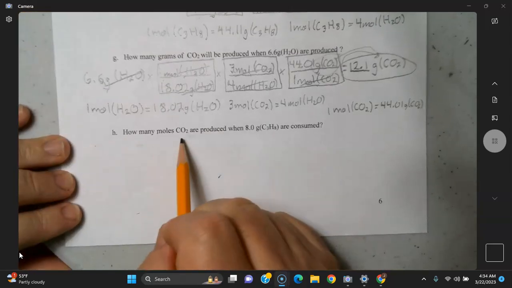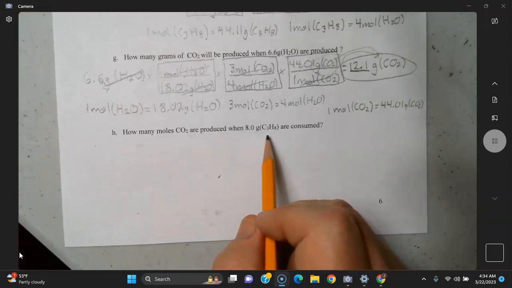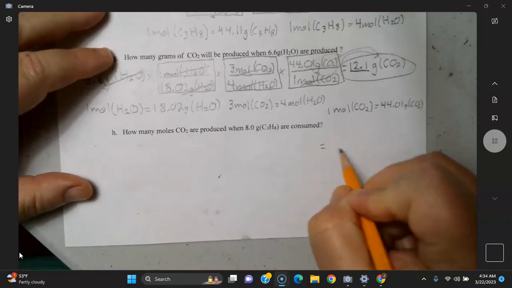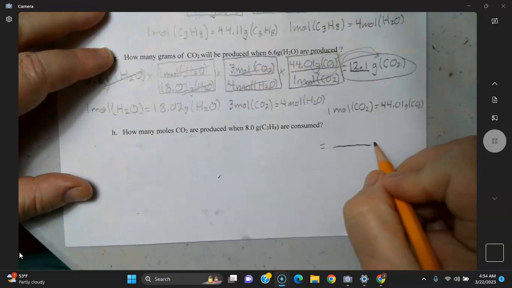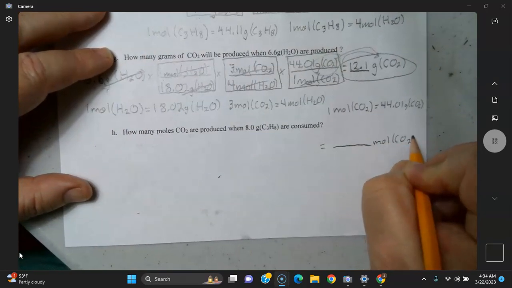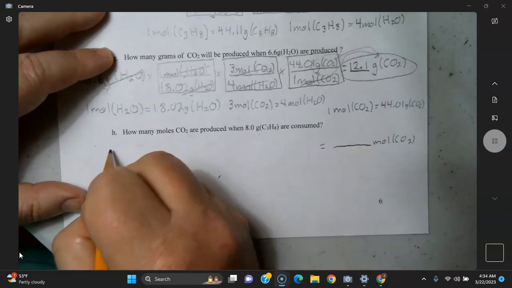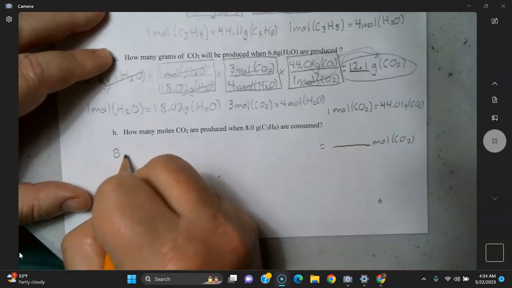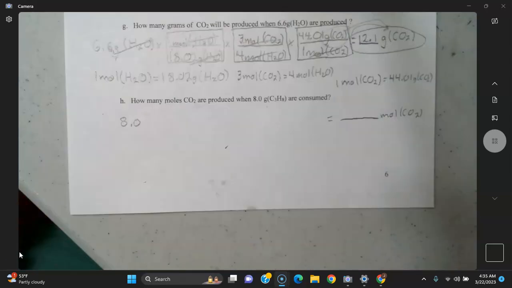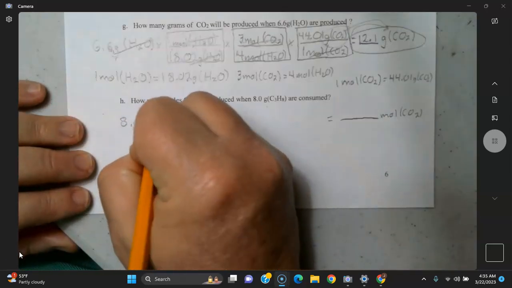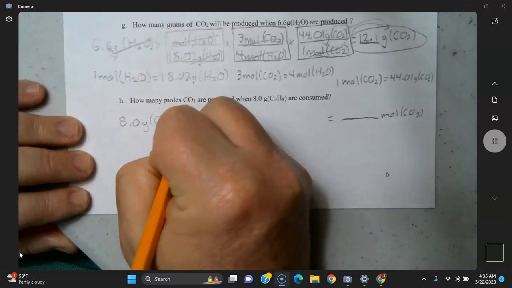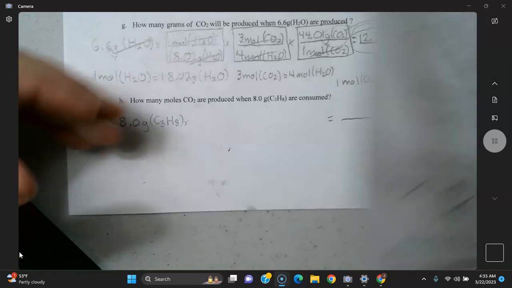And it's how many moles of CO2 are produced when 8 grams of C3H8 are consumed. So let's write the equation first this time. Moles of CO2 is what we're looking for. This is what we're starting with. Come on back over here.